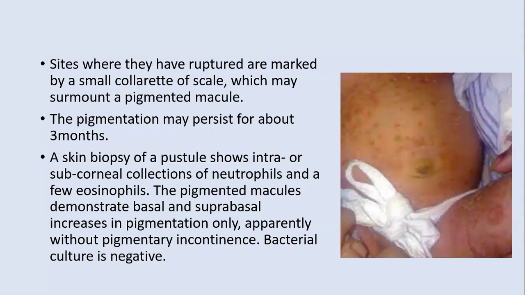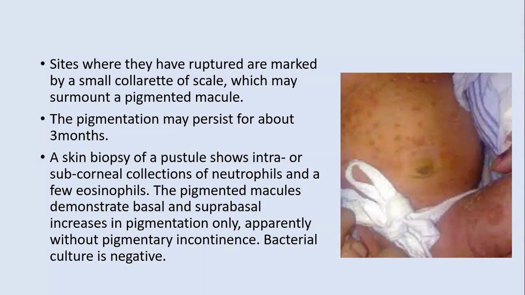So the condition is different from the previous two conditions in that there is an increased tendency to develop pigmented macules after the pustules. That's why the condition is more common in black or type 4 or 5 skin neonates.